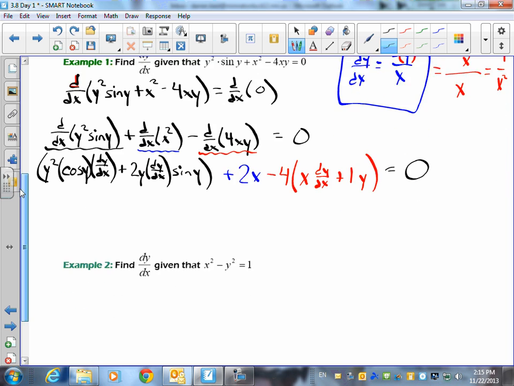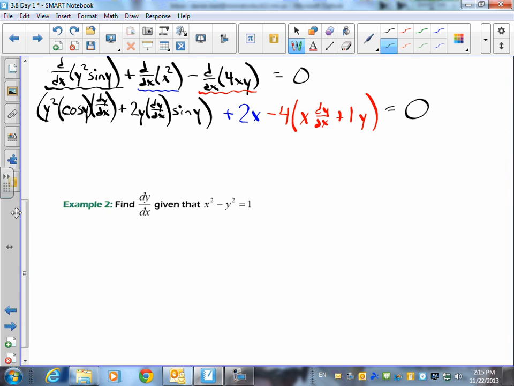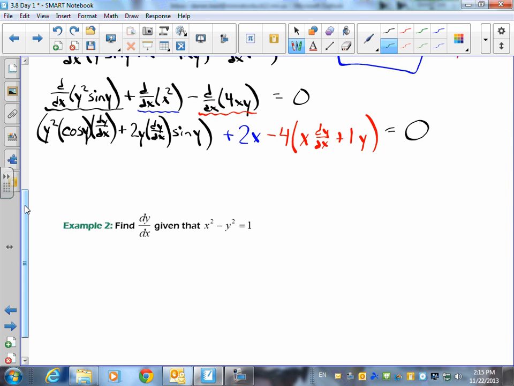Okay, going to y squared sine y, yep. Y squared is the first function kept the same. Cos y dy dx is the derivative of sine y. It does, but it doesn't, because y is not an x.